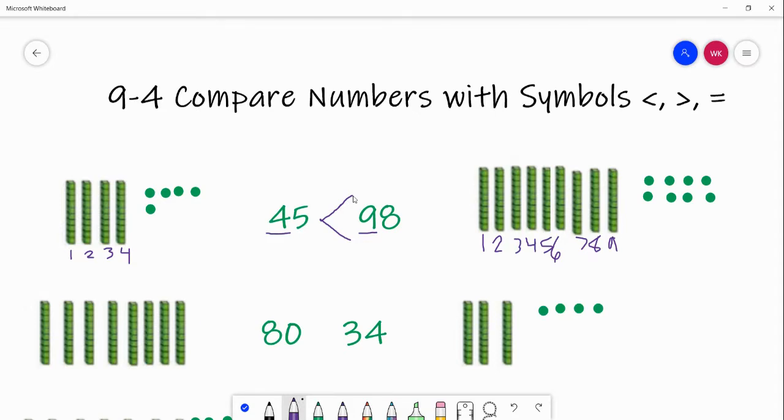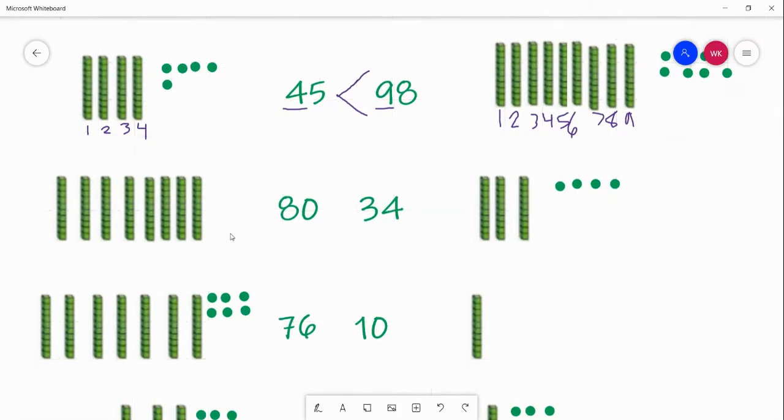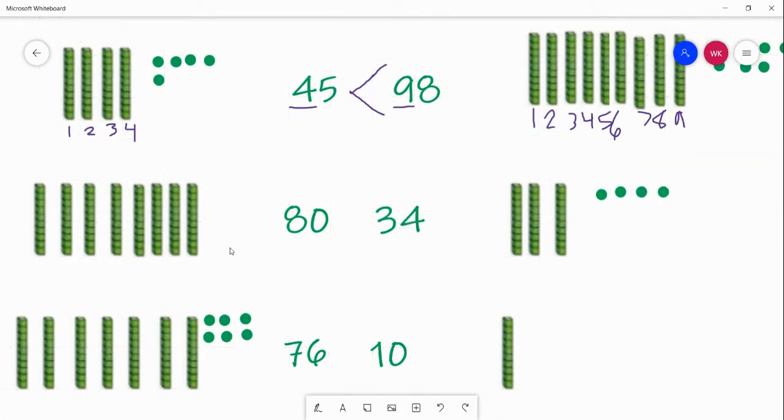All right, we're going to have some problems where we compare the tens place and the ones place to figure out what is greater than, less than, or equal to. This next problem, we have the number 80 and 34. So we're going to look at our tens rods first for the number 80.